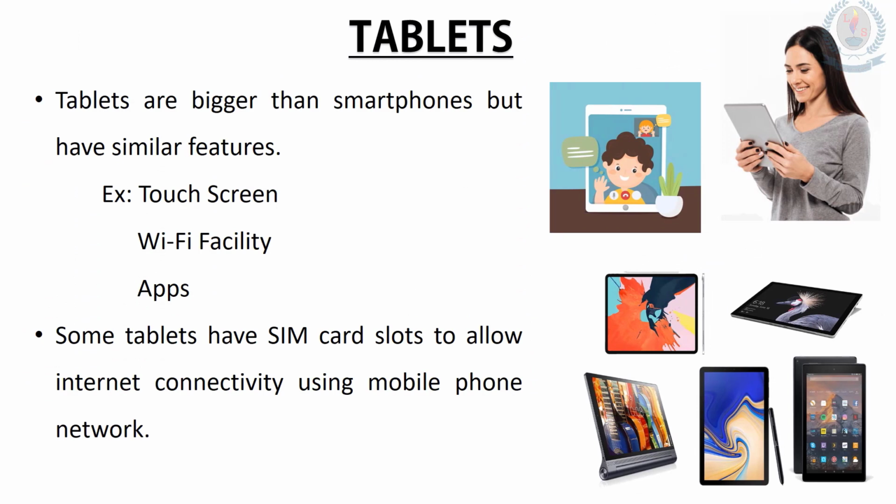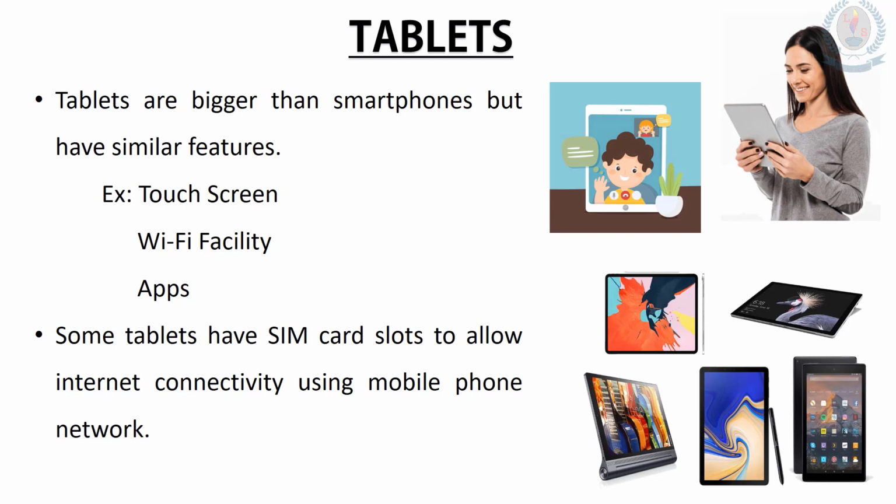The next type of digital device is tablet. Tablets are bigger than usual smartphones, but they have similar features. For an example, same as our smartphone, a tablet device has a touch screen to input information.